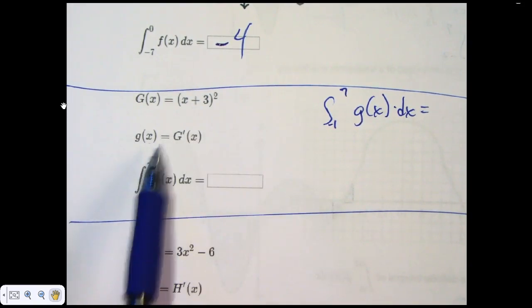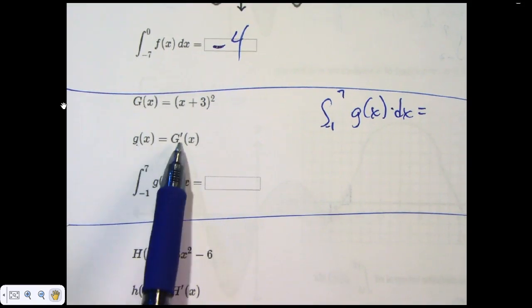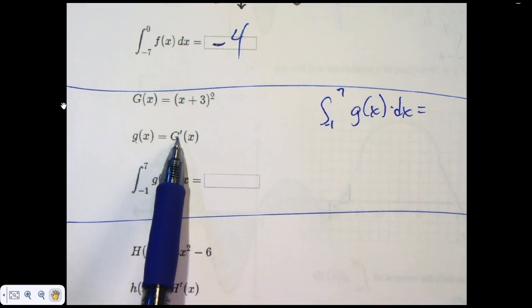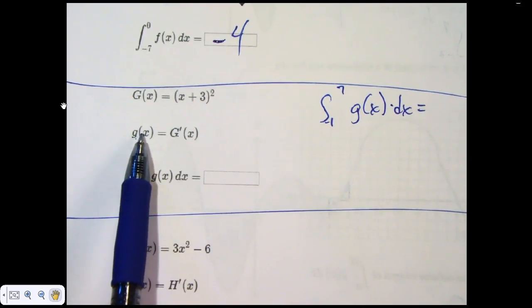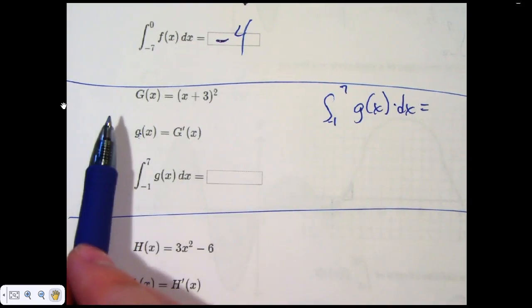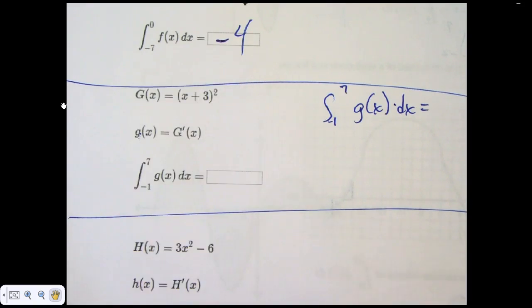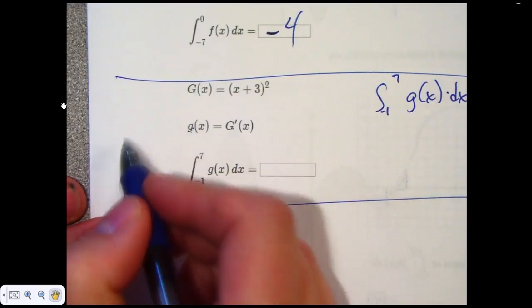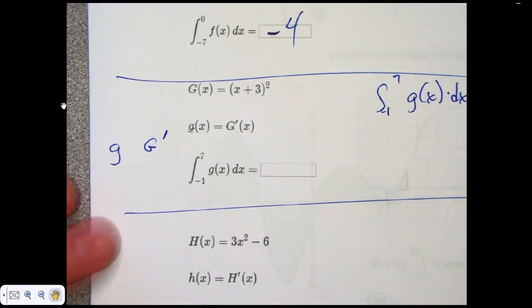So if little g is the derivative of big G, that's what they're telling me here, then if I integrate little g, where do I end up? So what they've done here is set up this, okay, little g and capital G prime are on the same level. They told me they're equal.